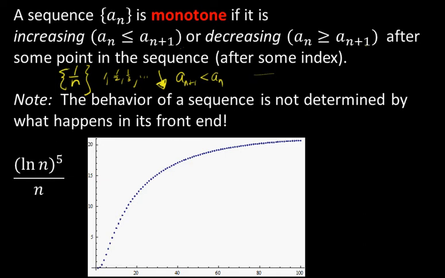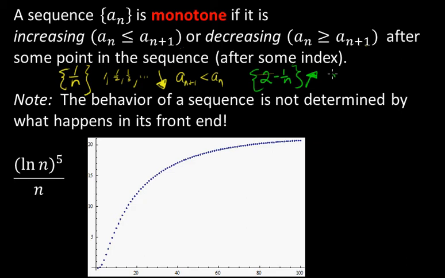Now the other one we looked at was the sequence 2 minus 1 over n, on that last slide. And this one we saw, as you subtract smaller and smaller amounts, is increasing.